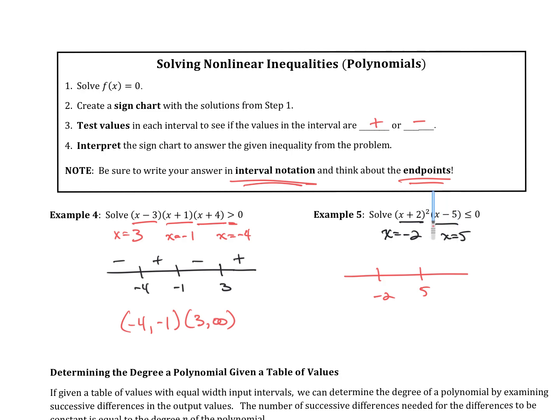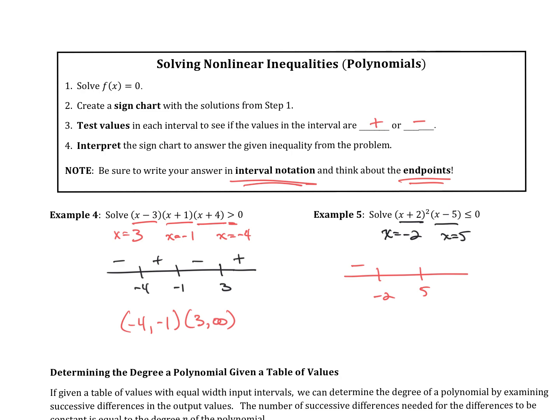So if I substitute in -3, what's this part? Okay, -8, which makes it what? Negative. All right, so now I have a negative. And then if I substitute in something between -2 and 5, let's see if we learn something. I'm picking 0. I totally agree, Robert. All right, and so now I end up getting a positive times a what?